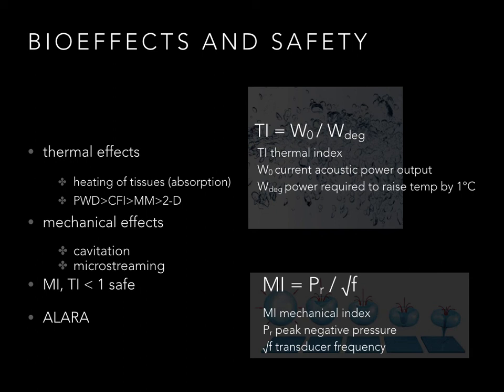Other times, localized shock waves may be produced by growth and violent collapse of these gas-filled bodies. Mechanical effects depend on transducer frequency and exposure time, and it's displayed on the ultrasound screen as well, MI.